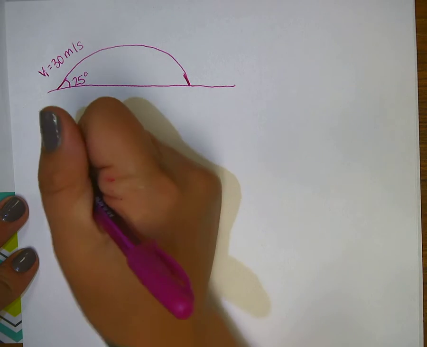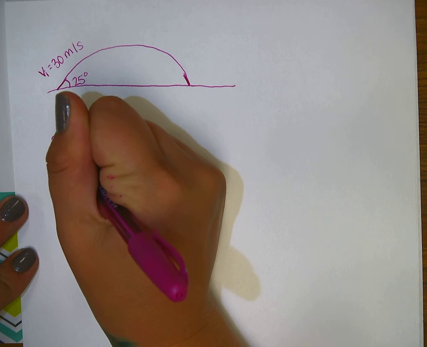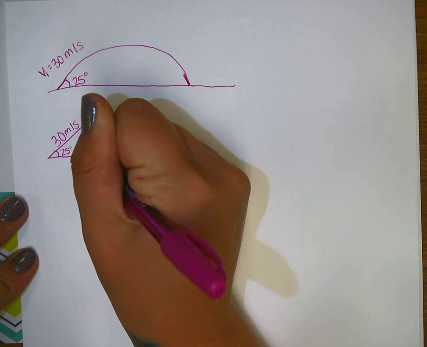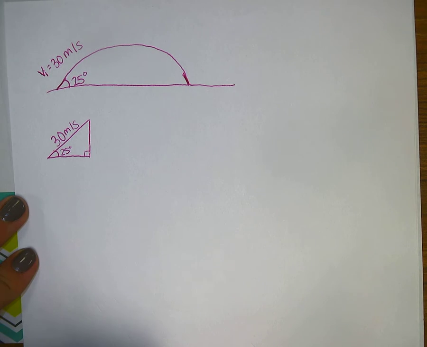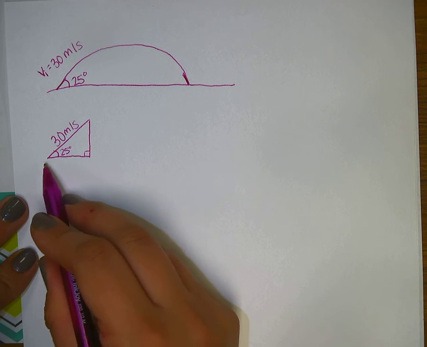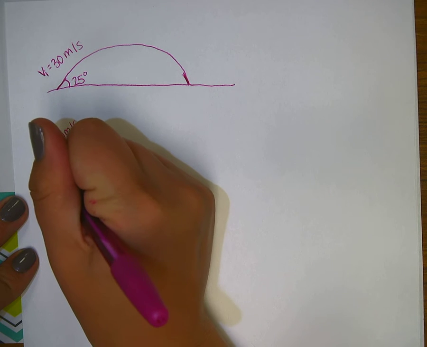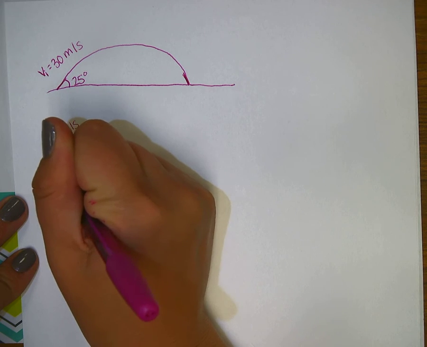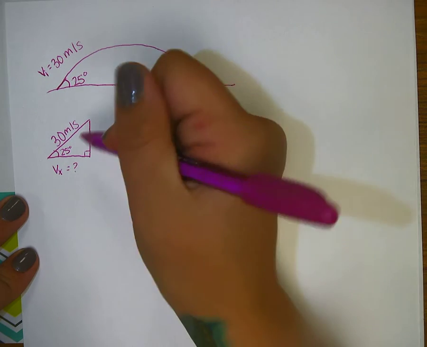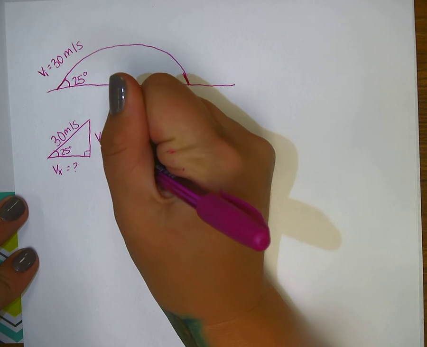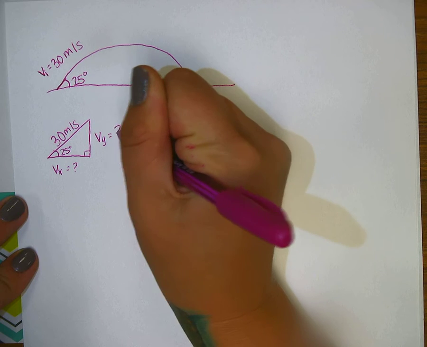We know the angle of the ramp was 25 degrees. And then this is our right angle here. So between horizontal and vertical would be a right angle. This leg of this triangle is going to represent our horizontal velocity, so v sub x. That's something we're trying to find. And then the vertical leg, v sub y, is also something we want to find.